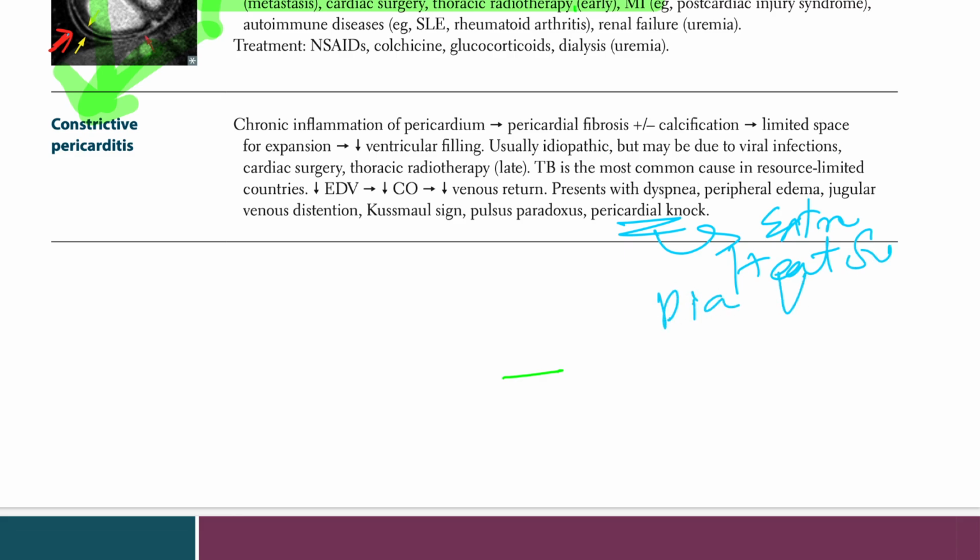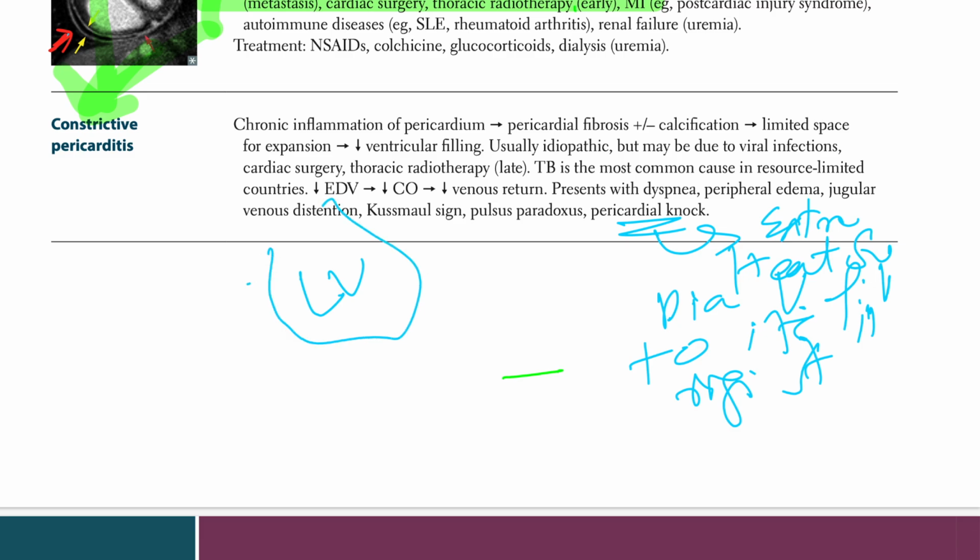As the ventricle fills to its max, it hits a rigid, stiff pericardium with a knock. Right? Here's the left ventricle. It can't fill out because you have constrictive pericarditis. So pericardial knock is just an extra hard sound.